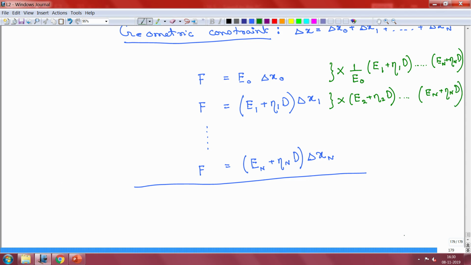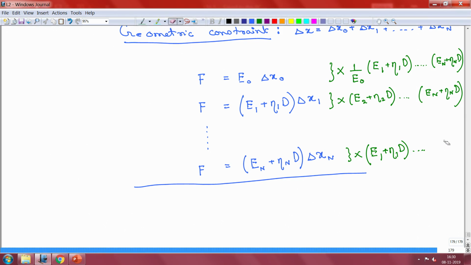Similarly, for the last case, you will start off with the first element, and then you will end with the N minus 1th element.